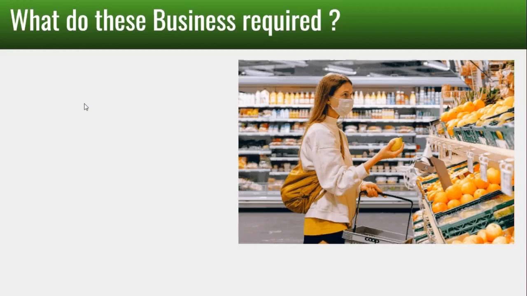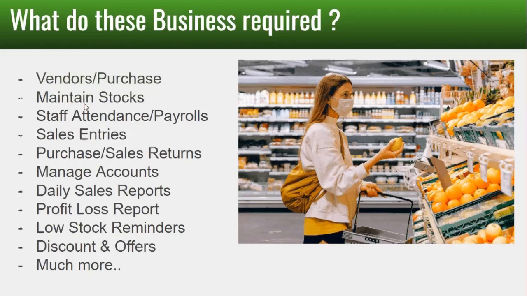Those resources can be vendor lists and purchase lists, maintaining stocks, staff attendance, payrolls, sales entries, purchase returns, sale returns. Some pieces are damaged and the customer is returning them as a sale return. Manage accounts, all the vendor accounts, customer accounts.